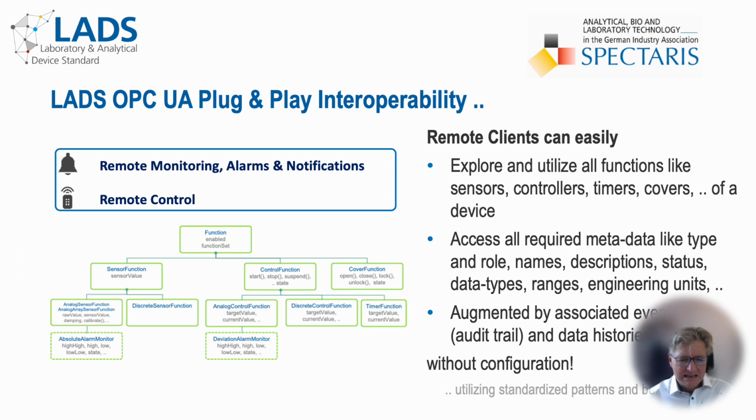Furthermore, accessing essential metadata like name, description, status, data type, ranges, engine units, and more becomes a breeze. In addition, associated event logs, such as for audit trails and data histories, are available. The best part is that all of this is achieved in a plug-and-play manner, without the need for any prior configuration.